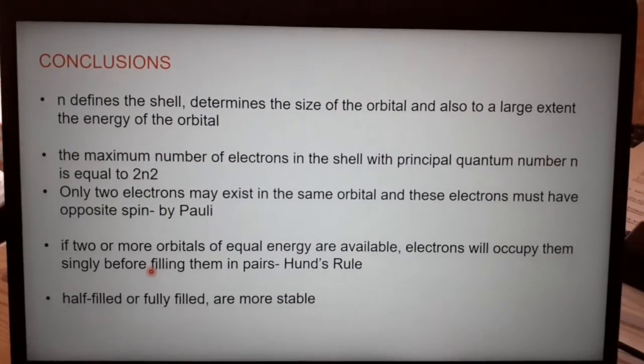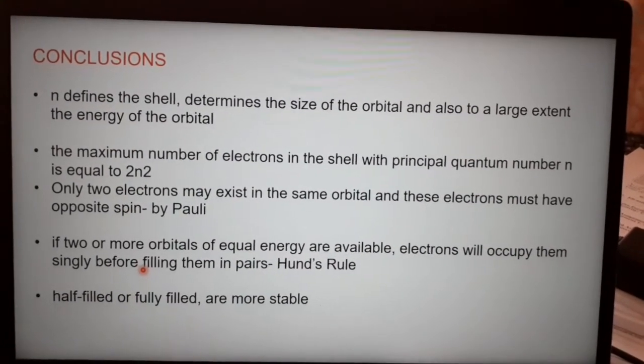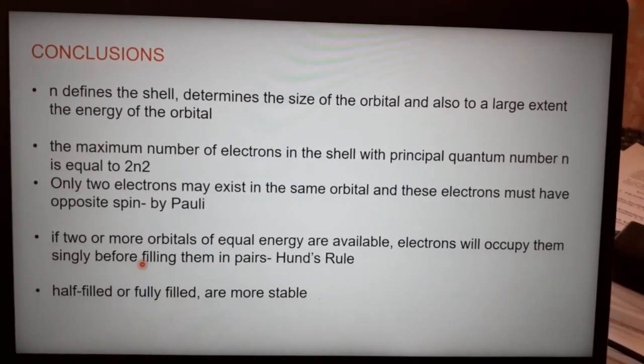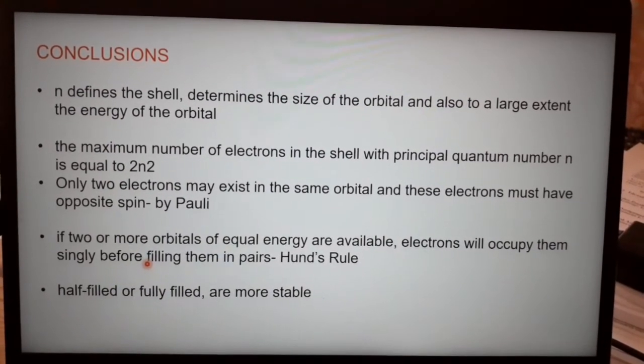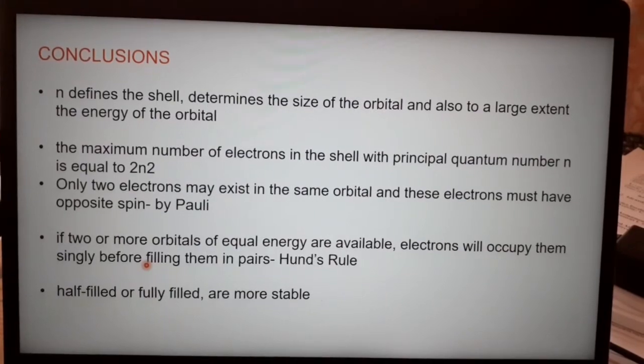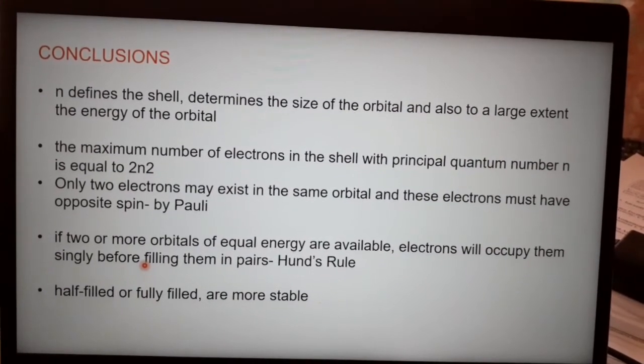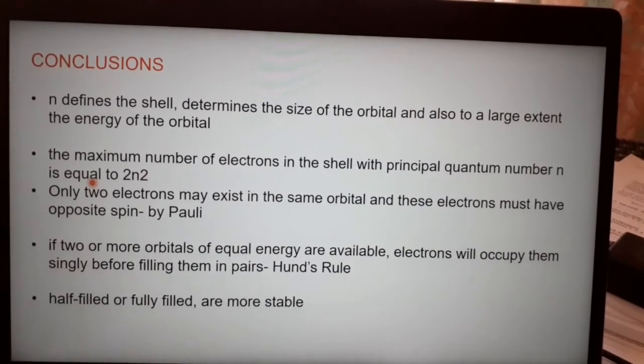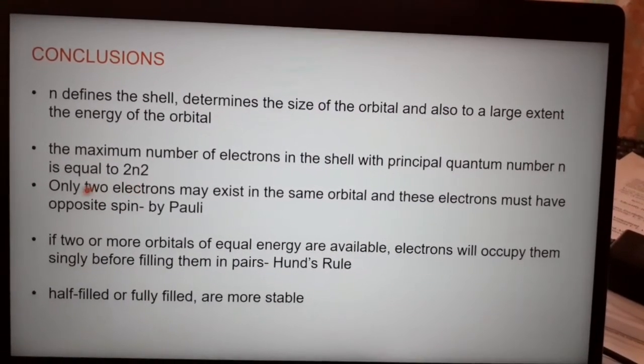In conclusion, n defines the shell, determines the size of the orbital and also to a large extent the energy of the orbital. n means the principal quantum number. The maximum number of electrons in the shell with principal quantum number n is equal to 2n squared.